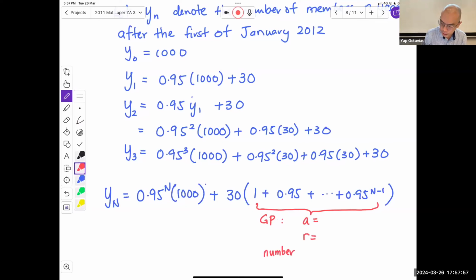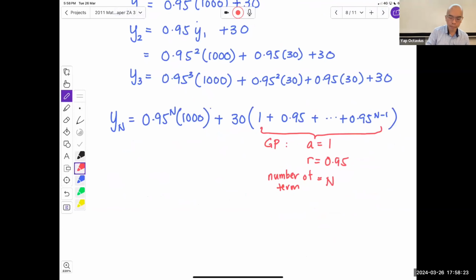How many terms are there? n minus 1 minus 0 plus 1. You take the last index, subtract the first index, which is 0, then you add 1 more term in. So it's n, capital N. The common ratio is 0.95, the first term is 1. Sum it up.